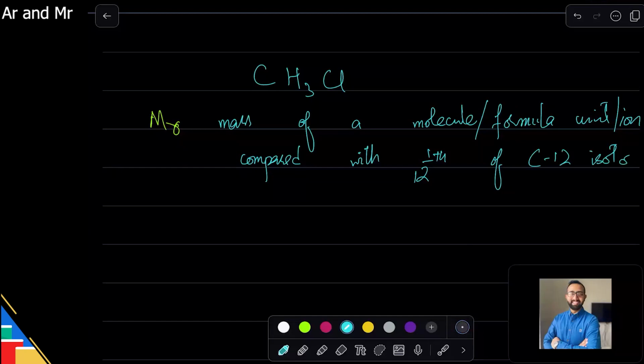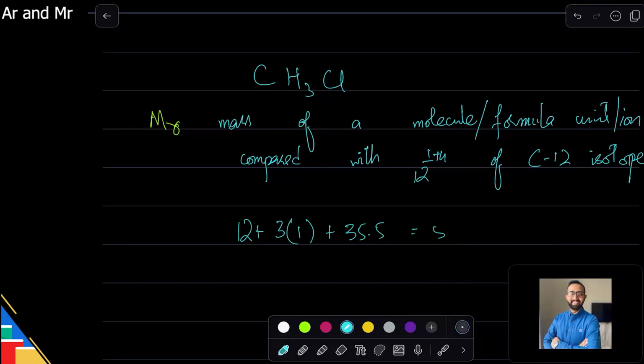Now I'm just going to take the average of each one and add it all up. So carbon's average from the periodic table is 12. Hydrogen's average from the periodic table is 1. So 3 times 1. Chlorine's average from the periodic table is 35.5. So there you go. I add everything up and that is how I get the average value.